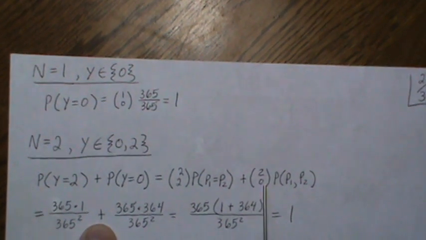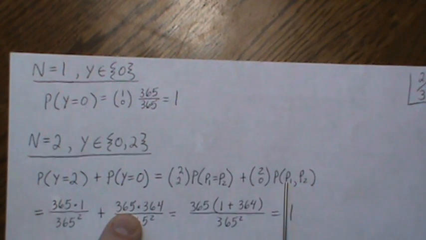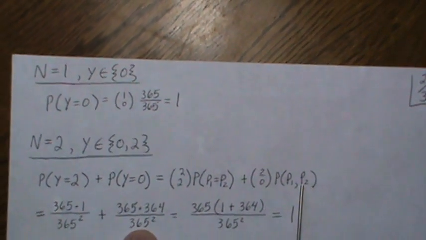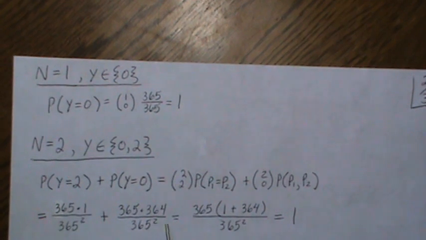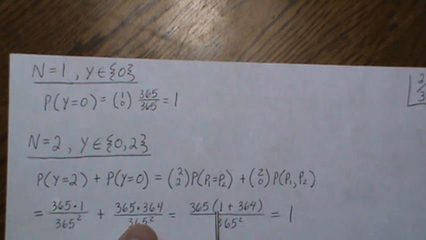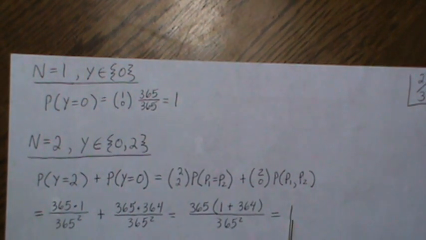Now this one, 2 choose 0 is 1. So this person has 365 days. This person has 364 days. So it's multiplied over that. And then to show this is 1, you can factor out a 365 and you're left with 1 plus 364, well, which is 365 squared, which is 1.